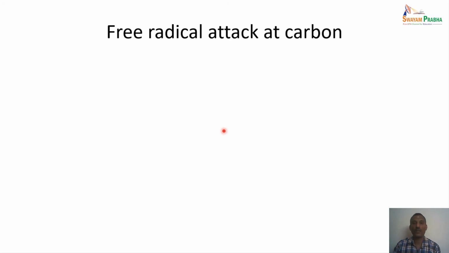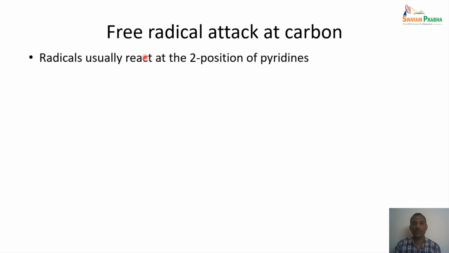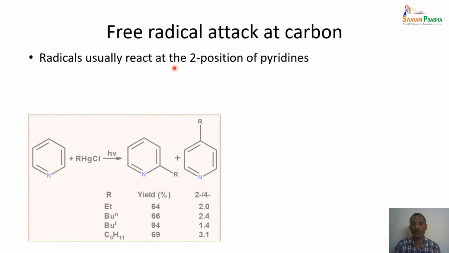Then finally, we will look at free radical attack at the carbon atom. So here the radical reaction usually happens at the 2 position of pyridine. In the presence of light, the free radical reaction occurs as shown here.